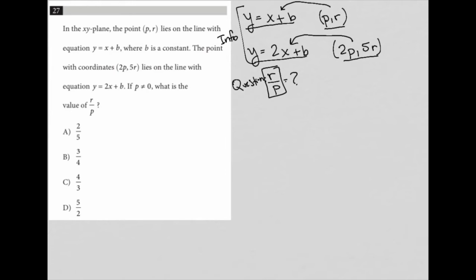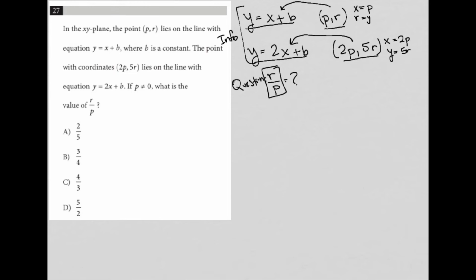Now let's keep in mind that the point P comma R is just telling you that the x value at that particular point is equal to P, and that the y value at that particular point is equal to R. And the same thing here. The x value at this particular point on this particular line is equal to 2P, and the y value is equal to 5R.